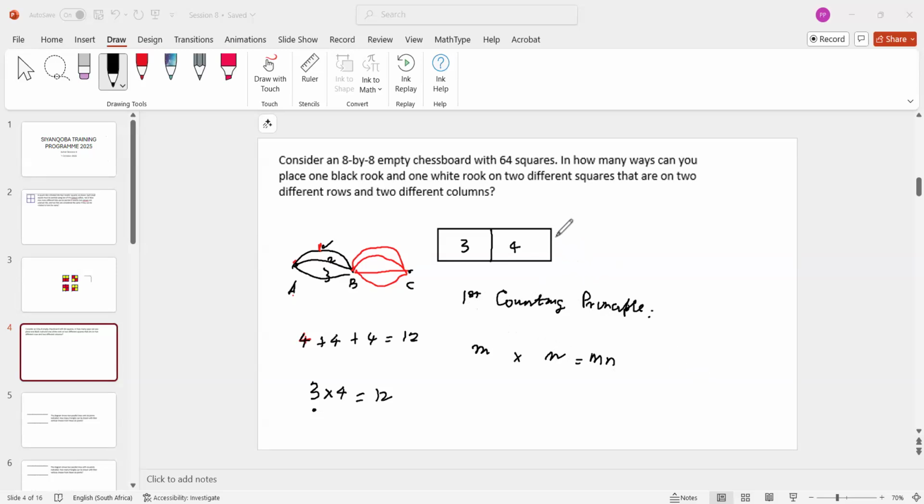Now, you could have had, instead of having only 2 choices, I could have had 3. In other words, I could have had a third town, right? And you could have said, well, suppose there are 2 roads going from C to D. Now, how many ways can you travel from A to D?